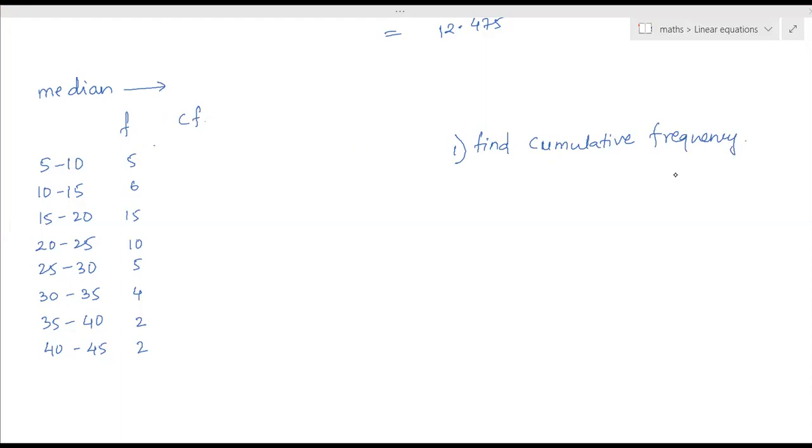Okay. So how to find cumulative frequency? Cumulative frequency means we are writing the cumulative values of the classes.